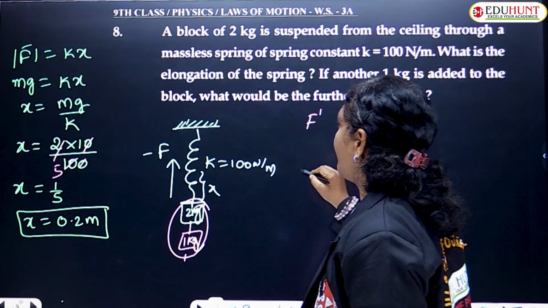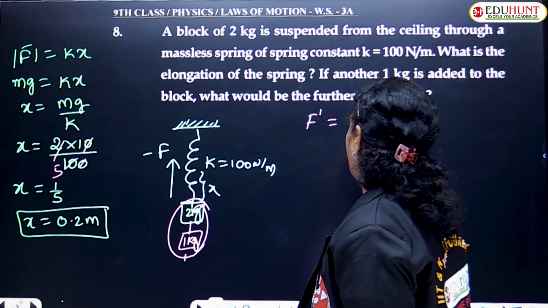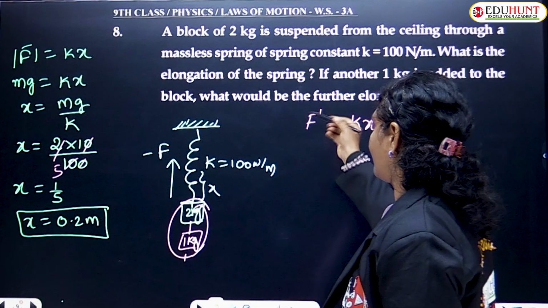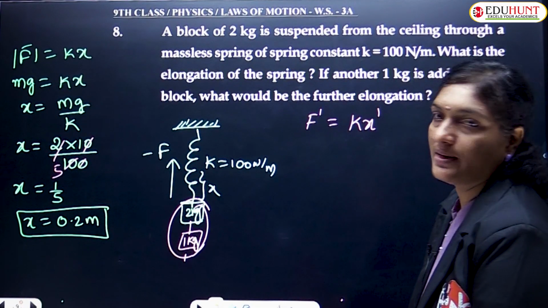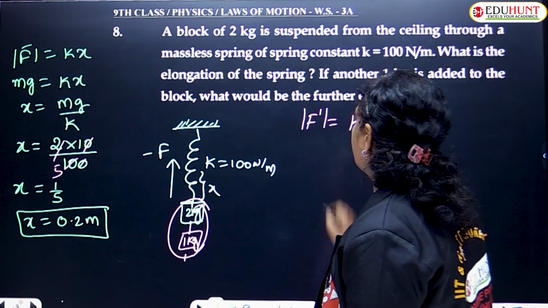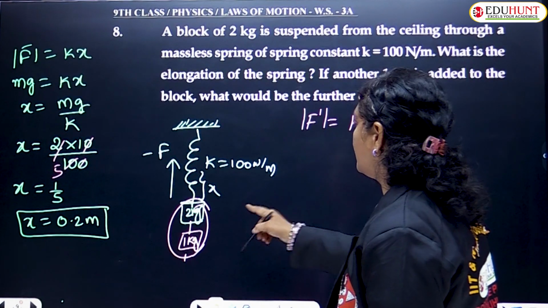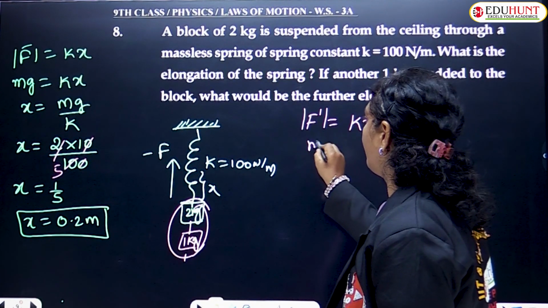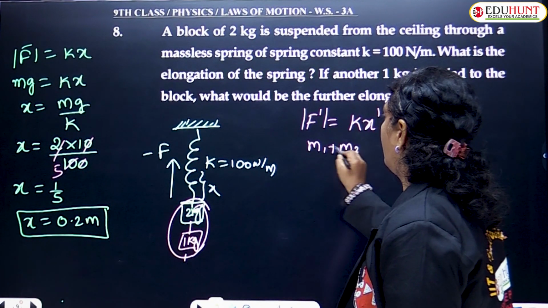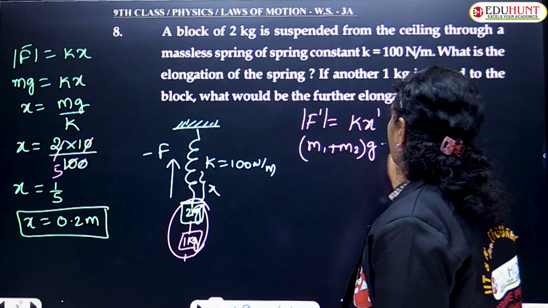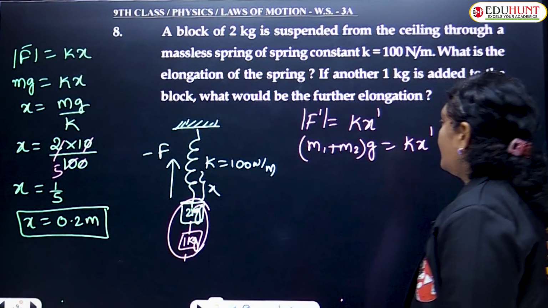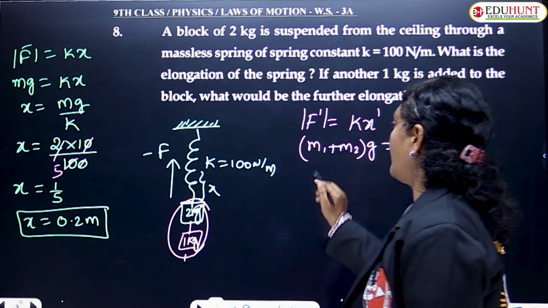So new force will be created. Let me name it F dash is equal to k into, because of the extra force, extra elongation is being created. I'll take the magnitude of the force. What is the magnitude of the force? 2 masses are attached now. (m1 plus m2) into g is equal to k into that elongation. So what is the mass here?